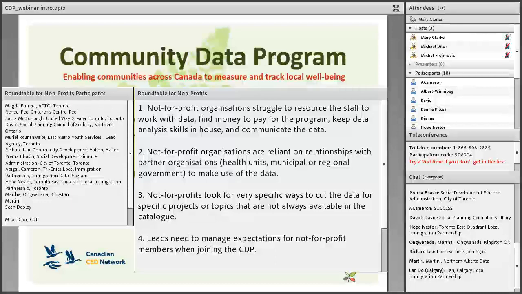Number 2 is, not-for-profit organizations are reliant on relationships with partner organizations, such as health units, municipal or regional governments, to make use of the data. 3, not-for-profits look for very specific ways to cut the data for specific projects or topics that are not always available in the catalog. 4, leads need to manage expectations for not-for-profit members when joining the CDP. 5, community agencies are unsure of how data can fulfill their mission and mandate. And 6, not-for-profits play an integral role in local collaboratives.